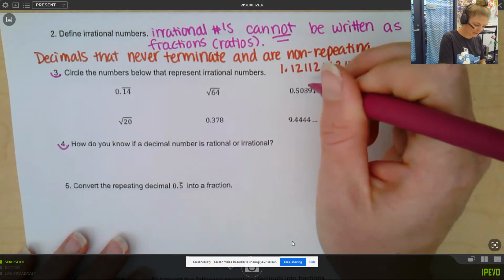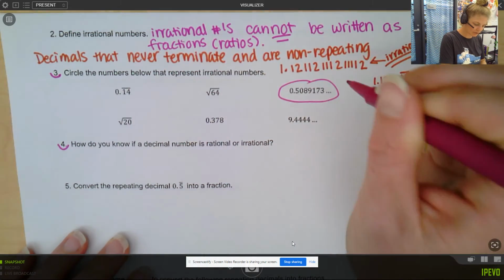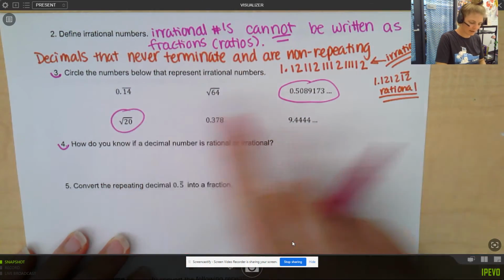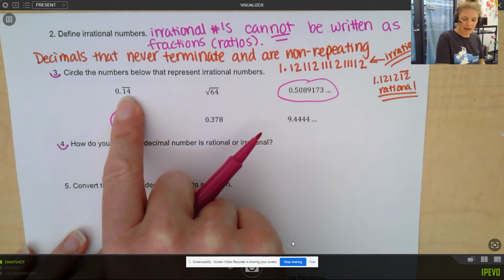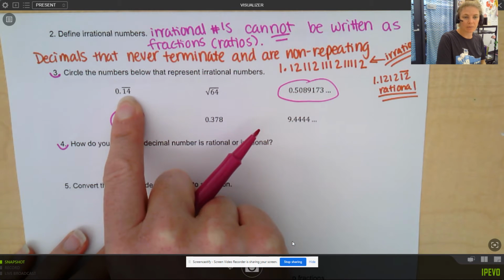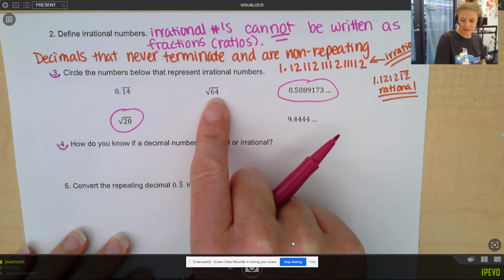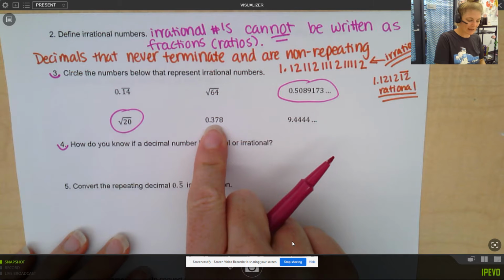You are correct if you circled two of them, irrational numbers, square root of 20 and 0.50899173. This is a rational number. It's a repeating decimal. This is a natural number, a whole number, a rational, and an integer because it equals 8.